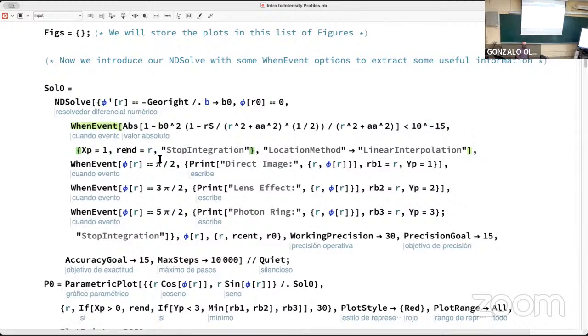But now we have new when events. When the angle is pi halves, then we are identifying the direct image, and you save this value of the radius. When the angle is 3 pi halves, then this is the lens image, and you save this value of the radius.